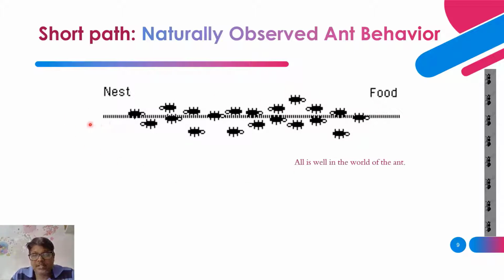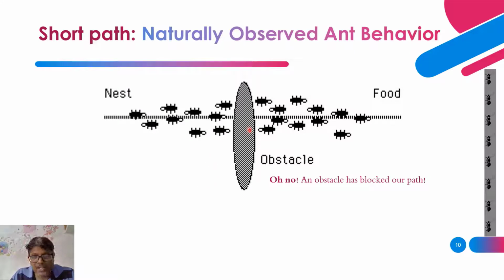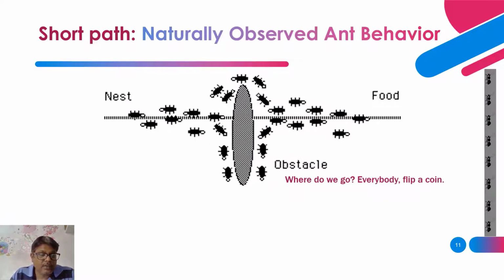As long as there is no obstacle, all is well in the world of ants. But the minute an obstacle appears and blocks the path, the ants divide with equal probability: n by 2 ants will flow upwards, and the remaining n by 2 ants will flow downwards.